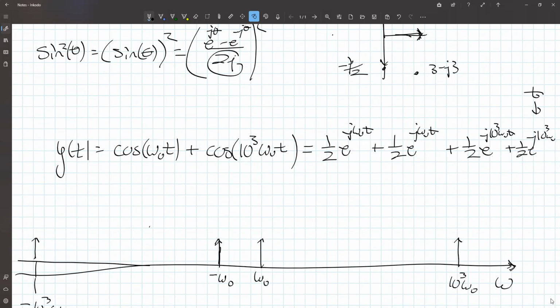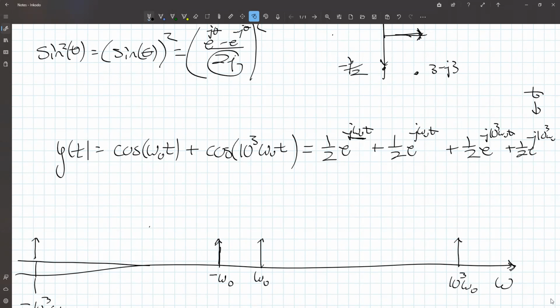Let's say that we were running some system, and we plan on inputting controls at a frequency omega naught, right? That's the frequency of our control input.